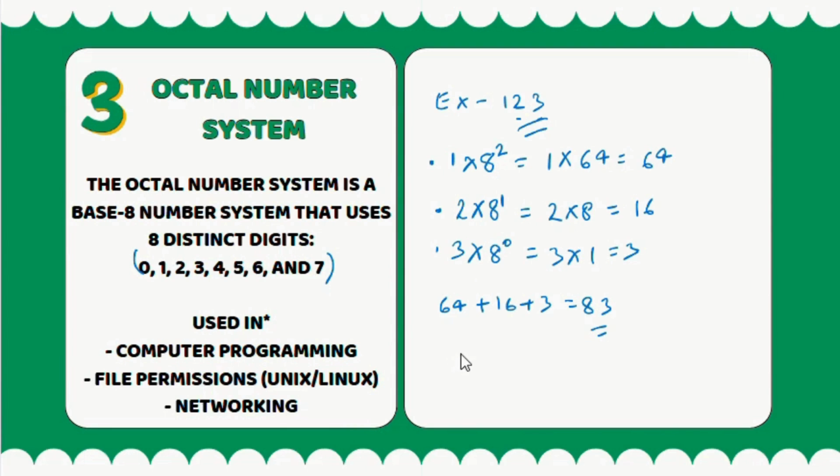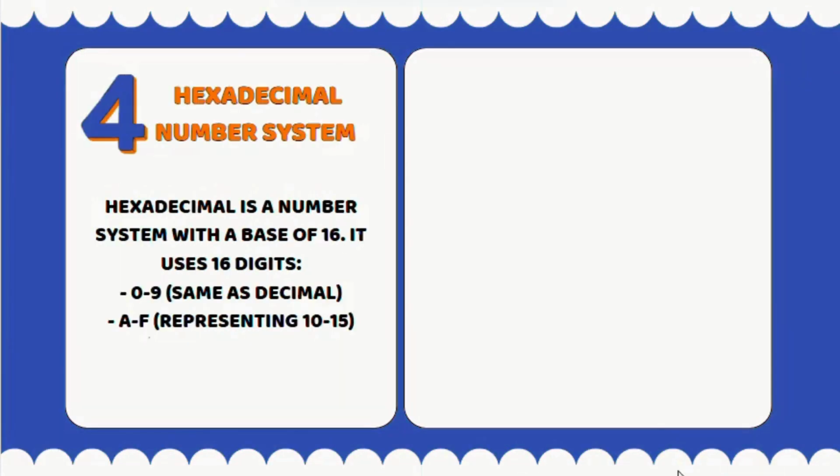This example illustrates how octal numbers work using a base 8 system to represent quantities. So next, let's understand what is hexadecimal number system. A hexadecimal number system is with a base of 16.